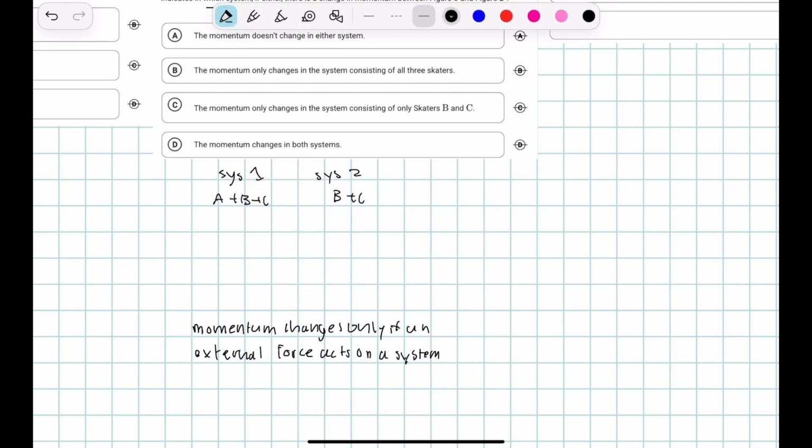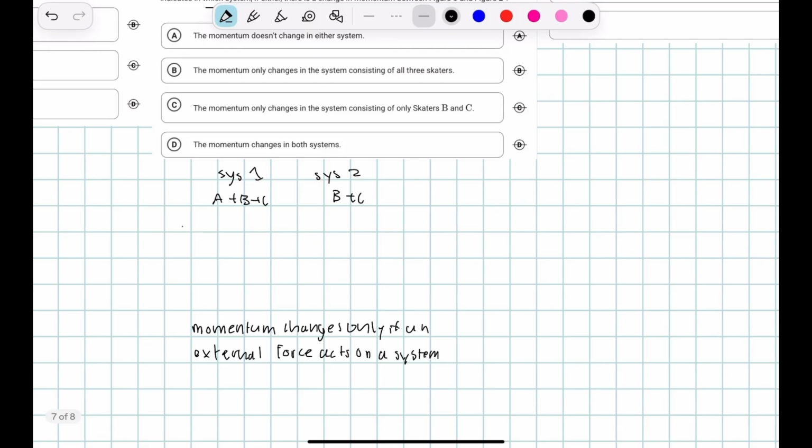For system 1, the push forces are internal, so no external forces. That means momentum is conserved.